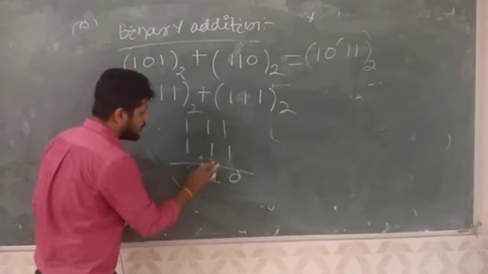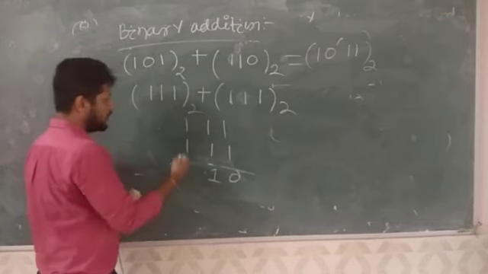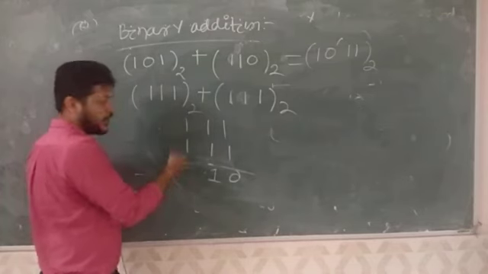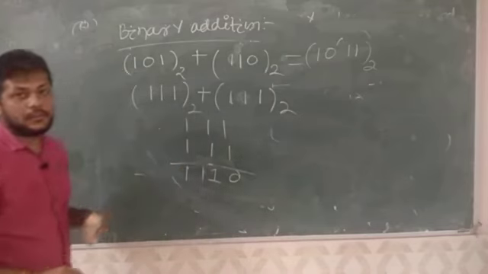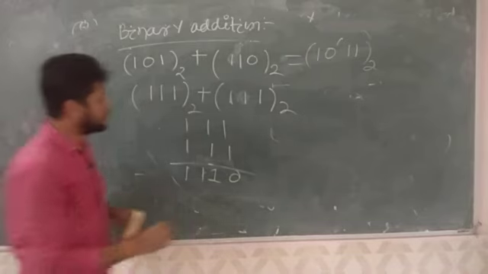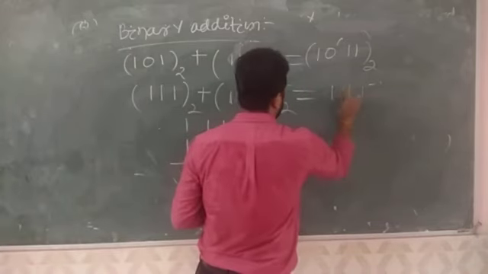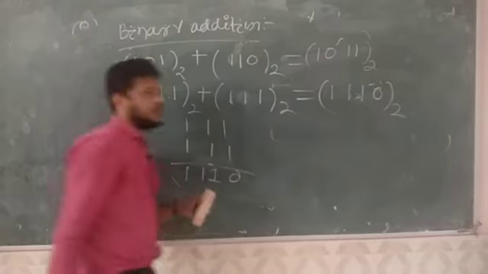So 11 means keep 1 and carry 1. Then again 1 plus 1 is 10, and that 1 is added, so the answer will be 11. So 1110 will be the answer.